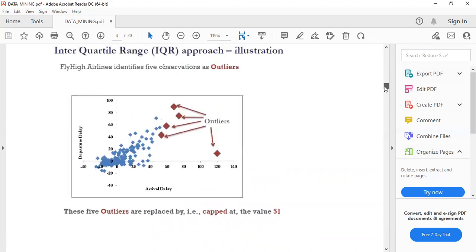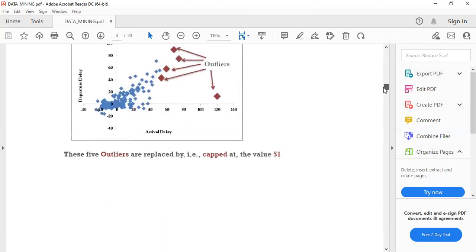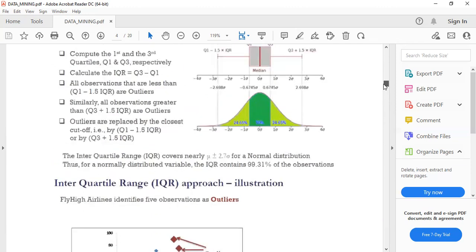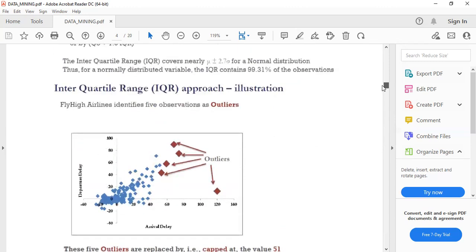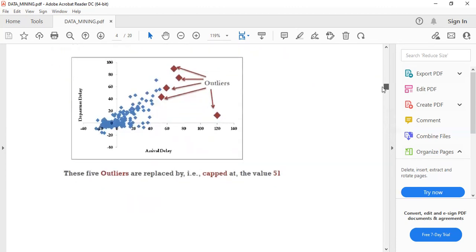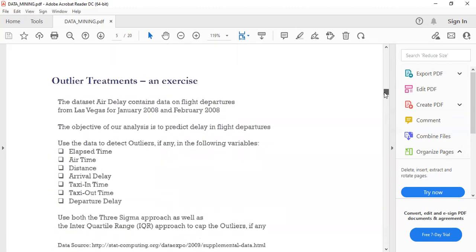That is, 5 values are greater than Q3 plus 1.5 IQR, so these will be replaced by Q3 plus 1.5 IQR. If you compute Q3 plus 1.5 IQR, you will get 51. So the values greater than Q3 plus 1.5 IQR will be replaced by this capped value, that is 51. Now this is an exercise.